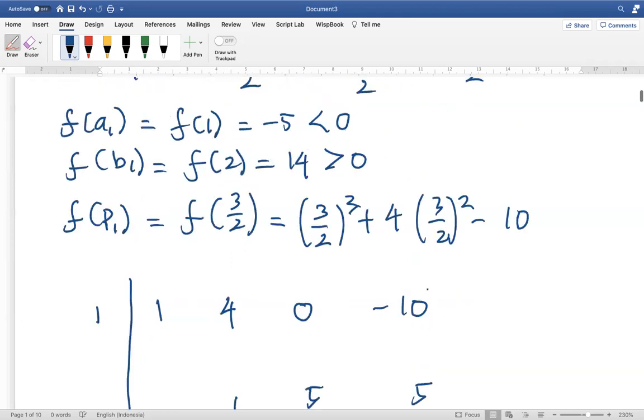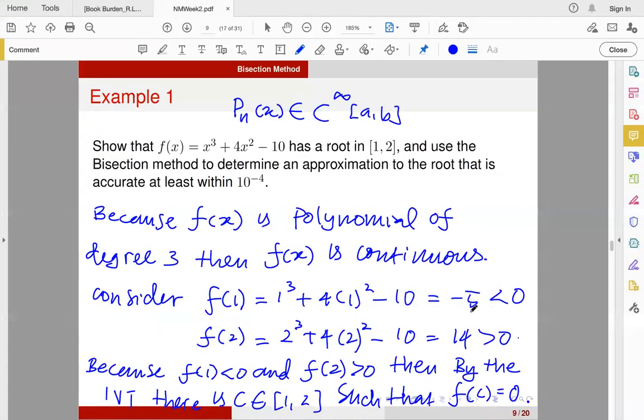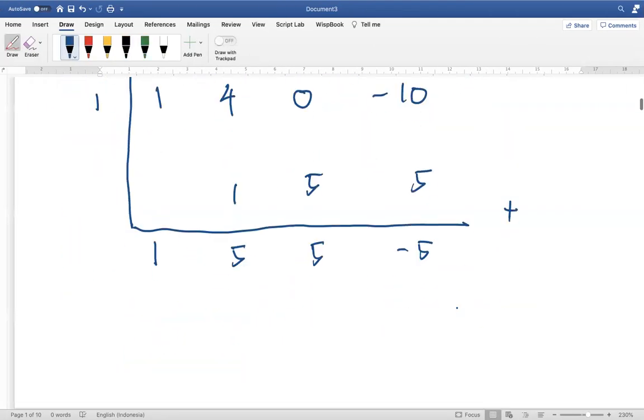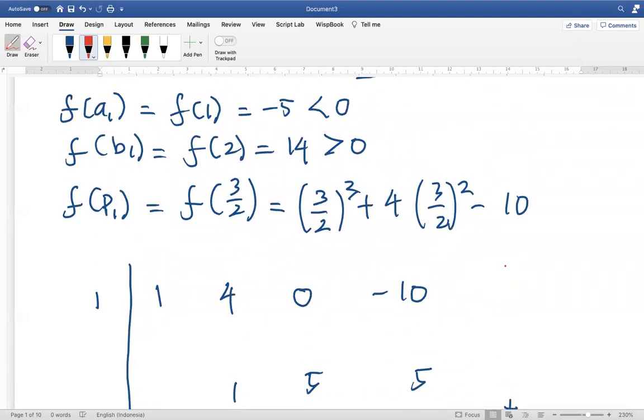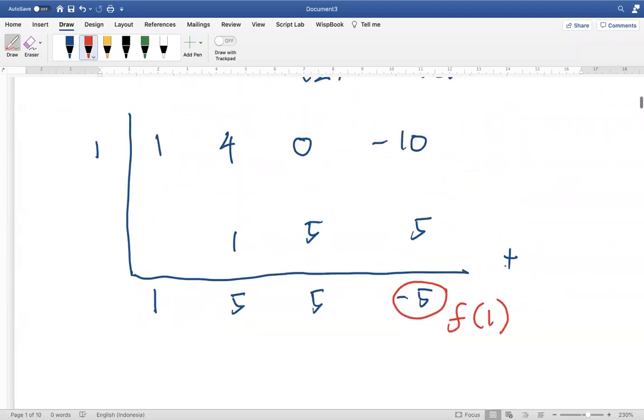Look at this: this minus 5 is the value, the same as we had before. So it's easier. This is the value of f(1). Now let us apply it for 3/2. I will erase this.